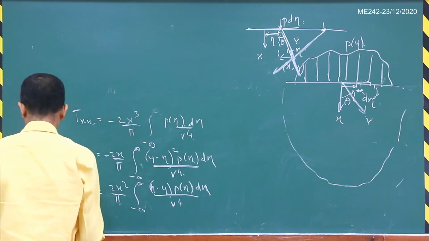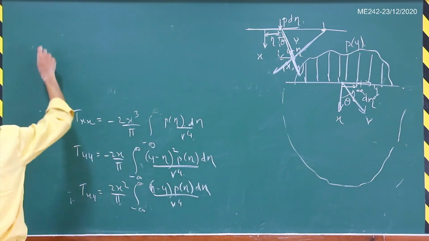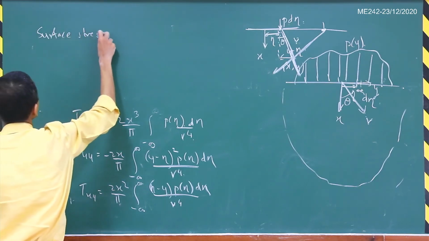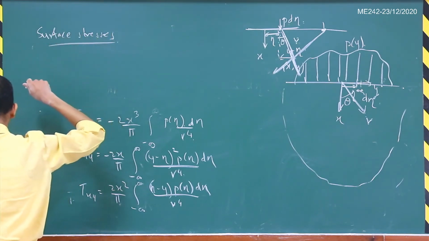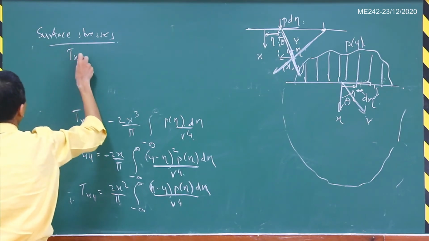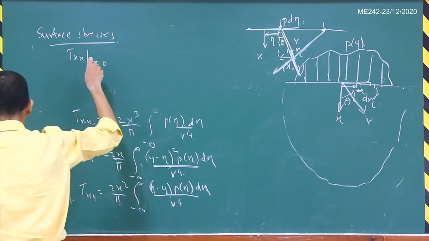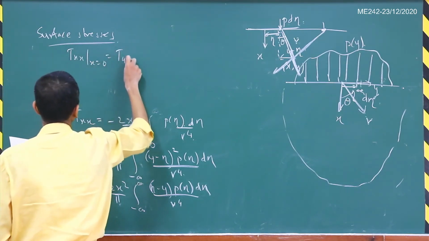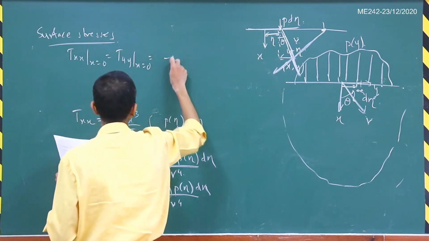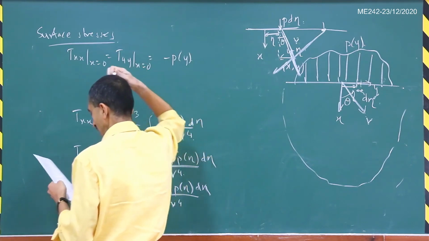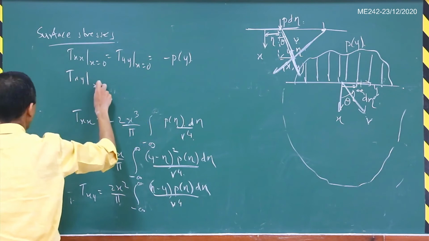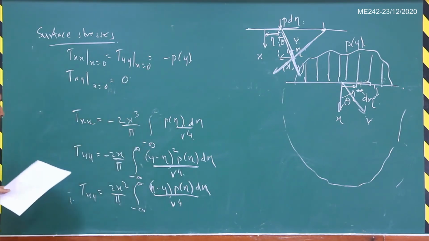So the surface stresses: what you will get is that tau xx at x equal to 0 is equal to tau yy at x equal to 0 is equal to minus p of y, and tau xy at x equal to 0 equals 0. So this is what we will get.